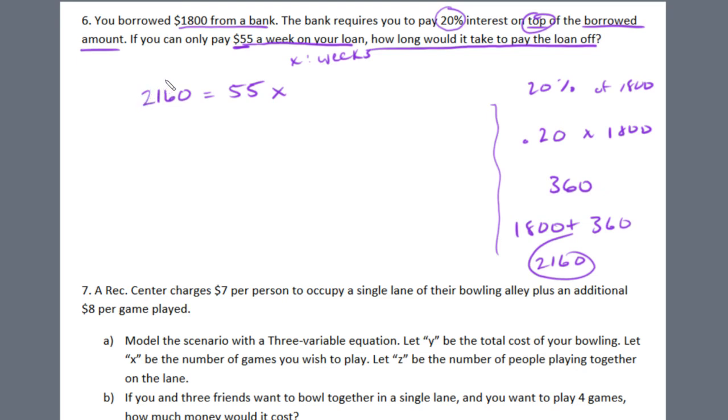If you can pay $55 a week, you need to figure out when that will equal 2160. Does that make sense? Some people set this up in their head and just do this part in their head. They think, oh, we just divide it by 55. And that's exactly right. But if you were to set up the problem, you would say that if you pay $55 per week, so the per part is multiplying, when would that equal 2160?